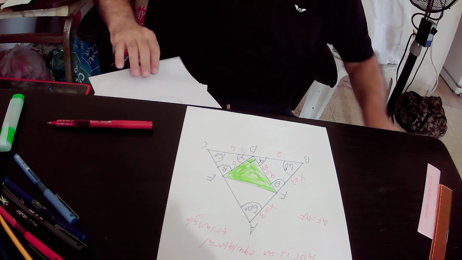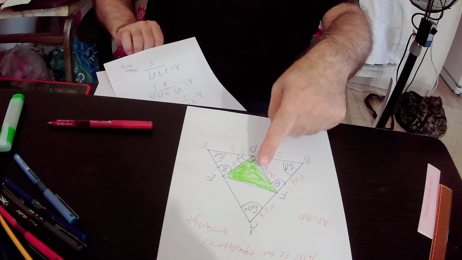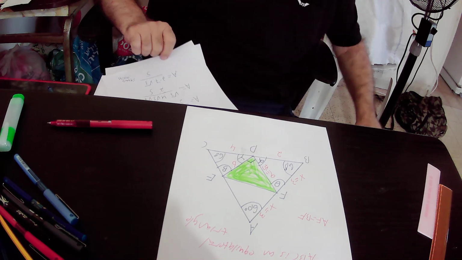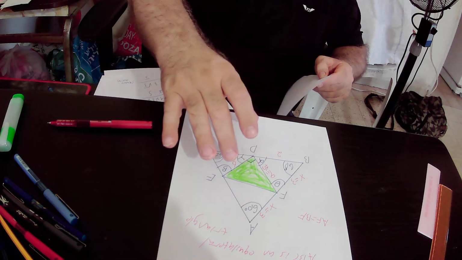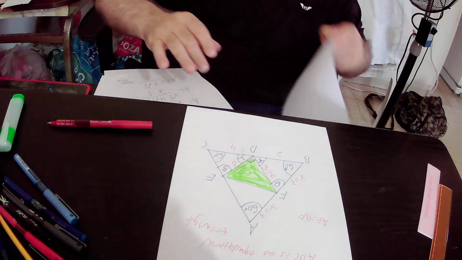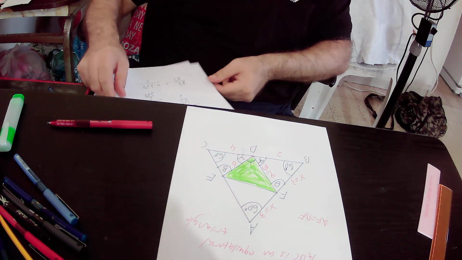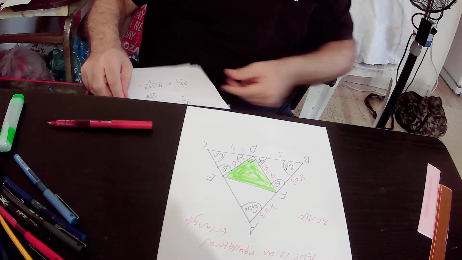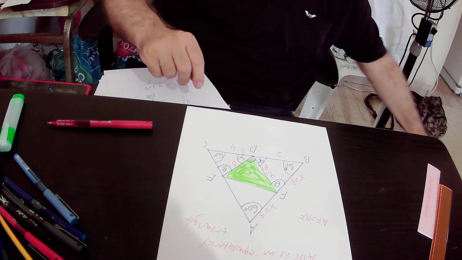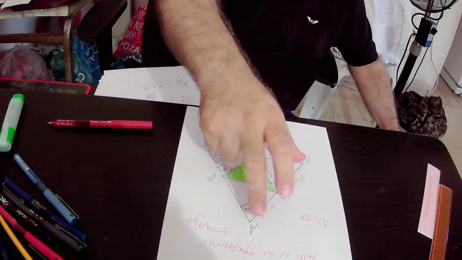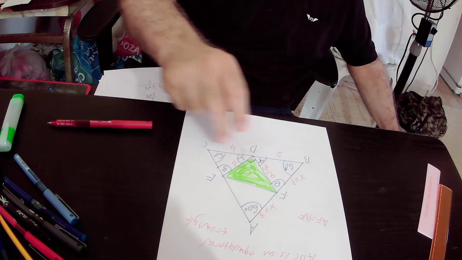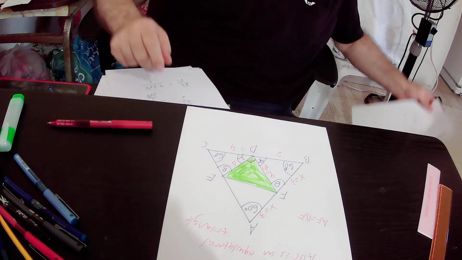Okay, so we actually wanted to find out the area of the green triangle. We have triangle ABC that is an equilateral triangle, and in any equilateral triangle all the angles equal 60 degrees, and all the sides of an equilateral triangle are equal to each other.